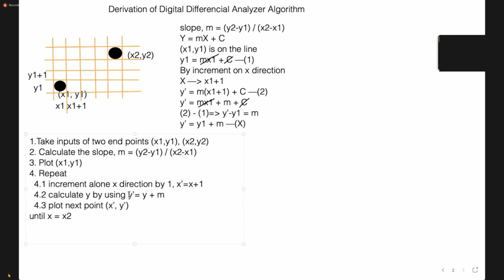Now here you have to understand that most of the time this value is a fractional value. You have to do the rounding of that value and find the nearest integer. That is why we are using the floor value. We have to find the integer pair of coordinates to plot the pixel.